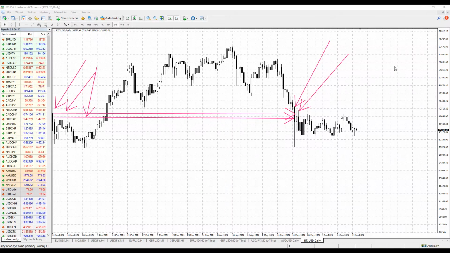That was the significant development here, that we might expect, after the retest, a move to the downside.